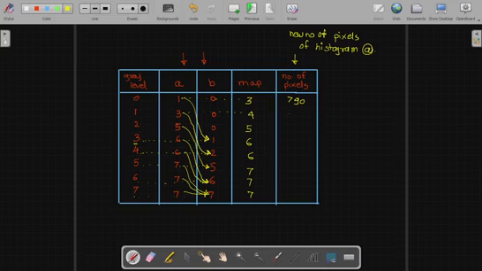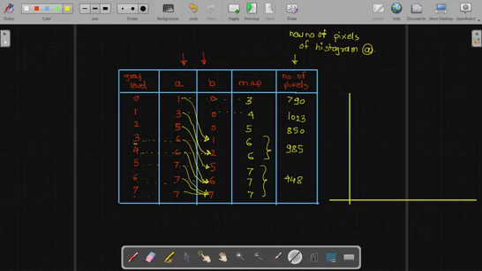Then for 4 we are having 1023. For 5 we are having 850. For 6 we are having 985. For 7 we are having 448. And finally we have to draw the new histogram.